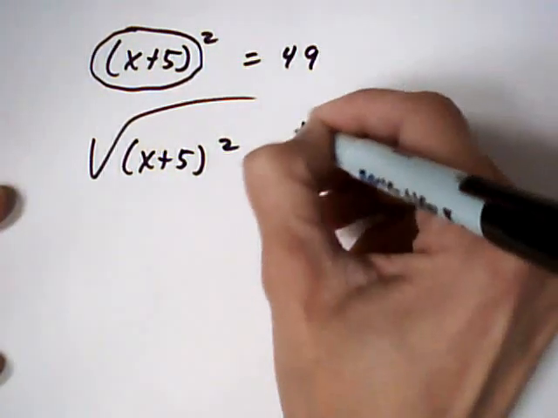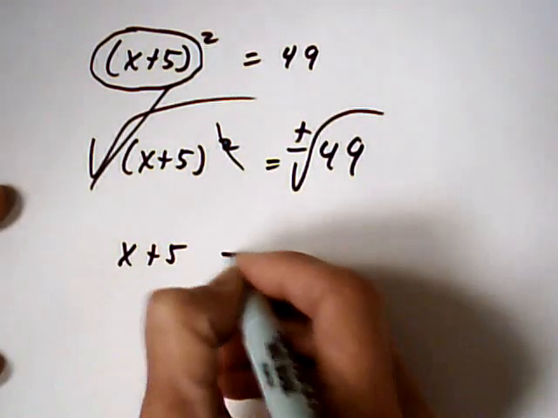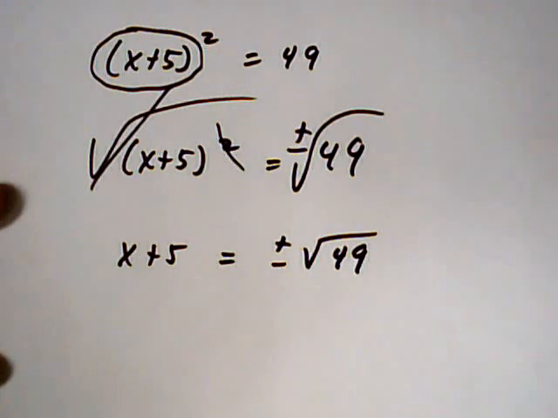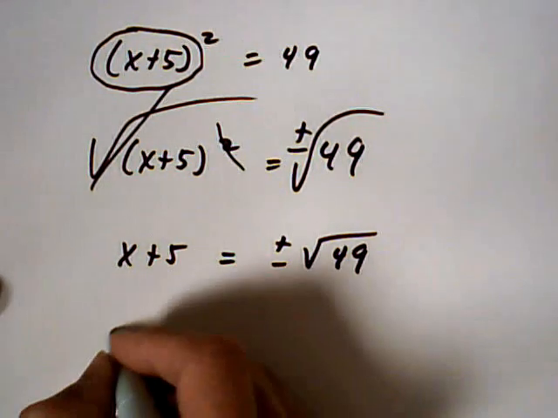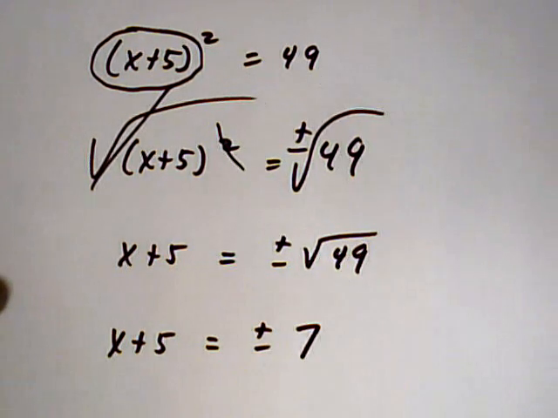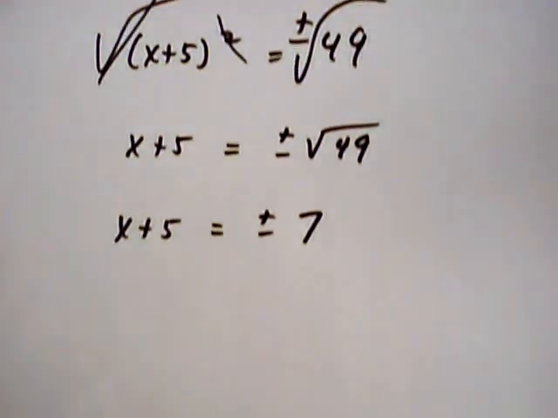Square root, plus minus. That gives us x plus 5 equals plus or minus root 49. Then we root it as far as we can. x plus 5 equals plus or minus 7. Because we have plus or minus 7, we have two possibilities.